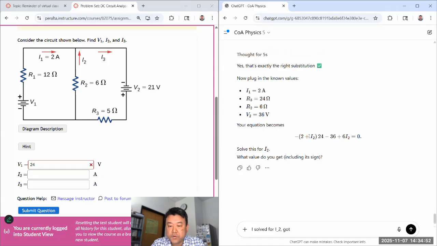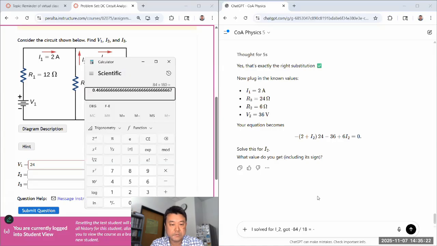So it's minus 24 I2, subtracting from that, so it's 18 I2, and I have minus 48 minus 36, minus 84, divided by 18 equals minus, that calculation I had to do in my head. It's not just an integer. Oops. Minus 4.67 amperes, and it says my answer is wrong.